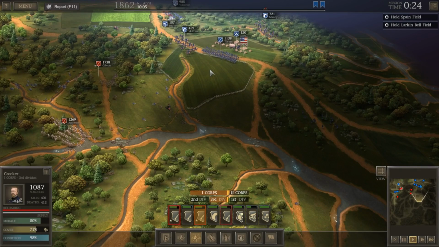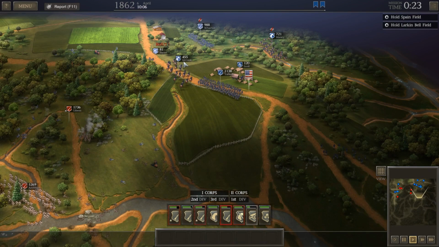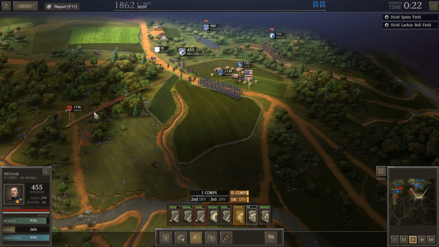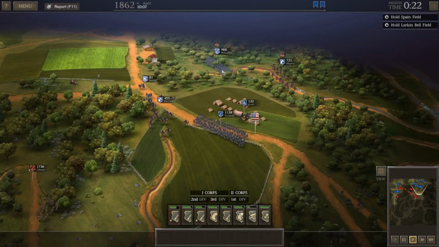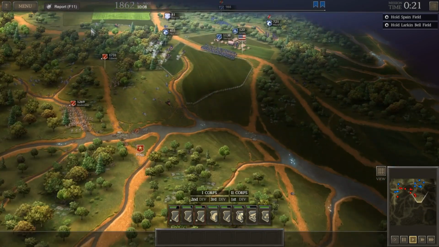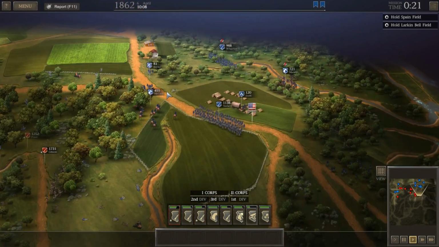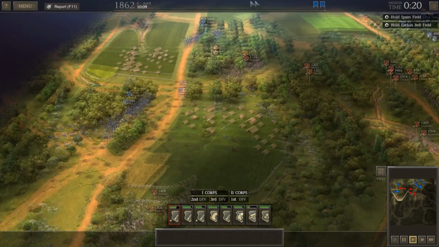Now, imagine this. You wake up at 3 in the morning under orders from your company to go on a patrol. Half asleep, you're stumbling through the woods, and you start receiving some occasional fire from an enemy formation. You guys think it's just enemy scouts or enemy pickets, so you attack with zeal. You and your men line up side by side and charge the enemy's skirmishers back through the woods.